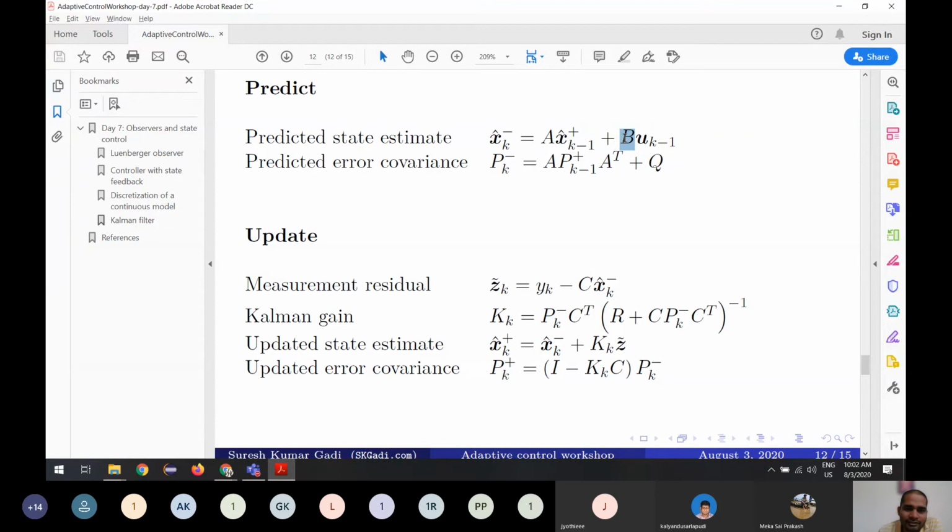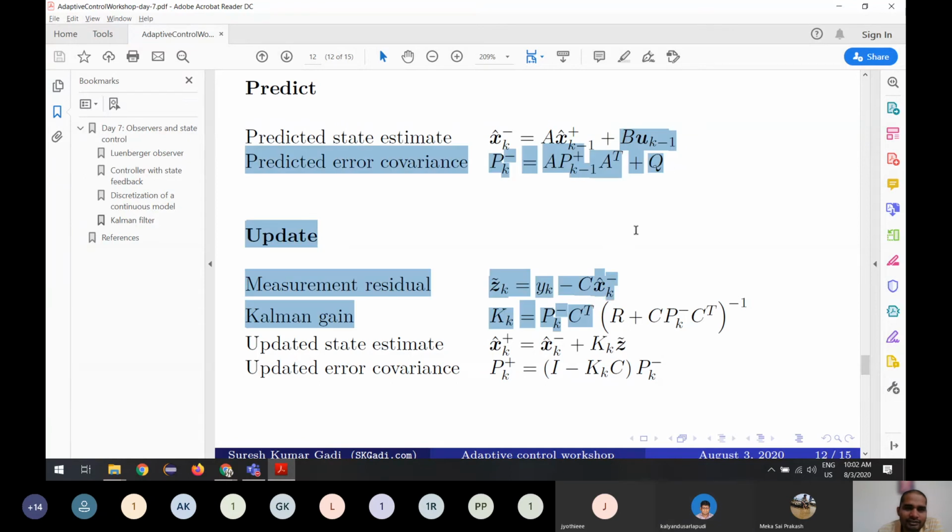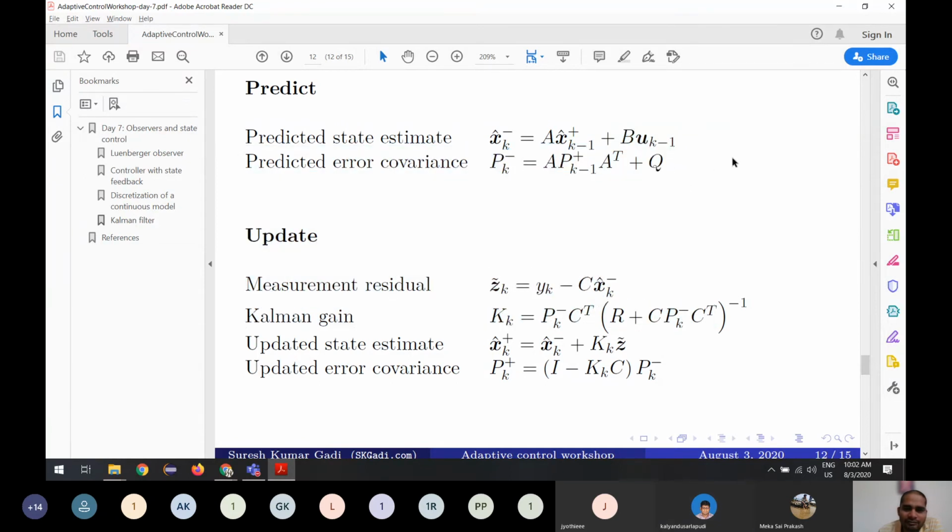For example, if you buy a temperature sensor, the input is the temperature and the output is the voltage you are measuring. You have some dynamics, some transfer function or a state space equation, but you don't know the parameters there. You have to estimate, I mean identify, the parameters first, then you can apply the Kalman filter.